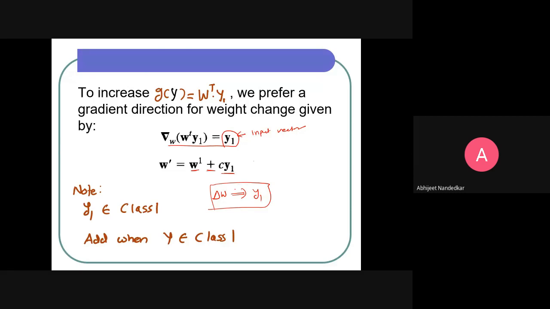When this delta W is added to W old, W new is equal to W old plus delta W. This will occur when the input is class 1 and the current output is equal to -1. So the desired response is +1 and the actual output is -1. If this is the situation, then you are going to add to the current weight.